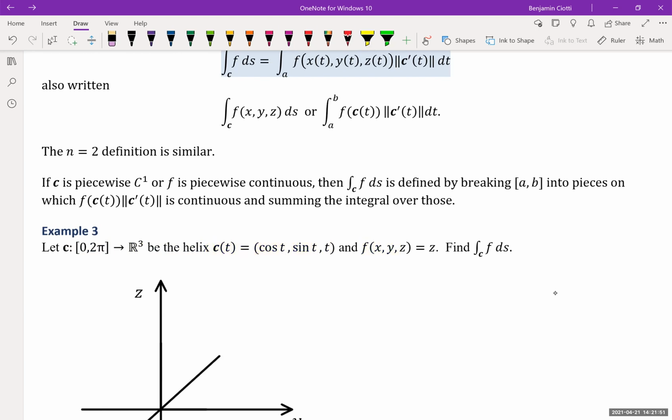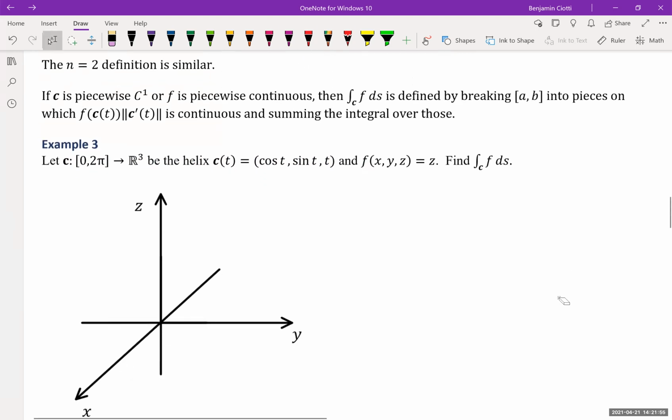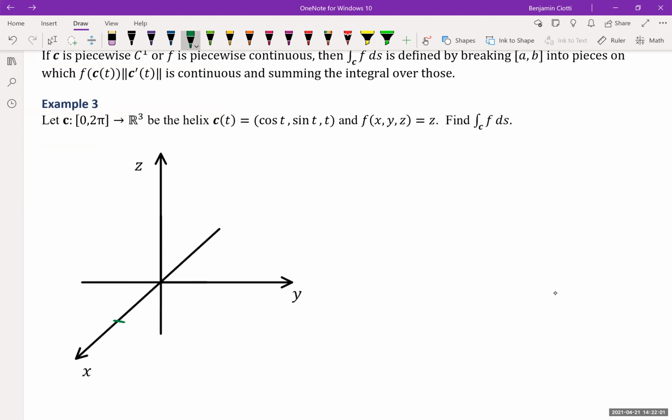First, how about I try and visualize what the curve looks like? So if I plot some specific values of t, say this is pi and 2 pi.